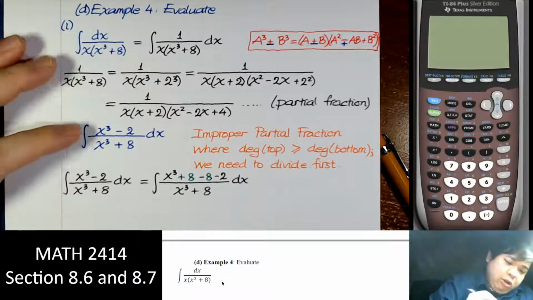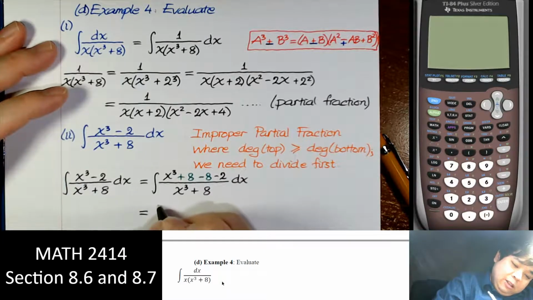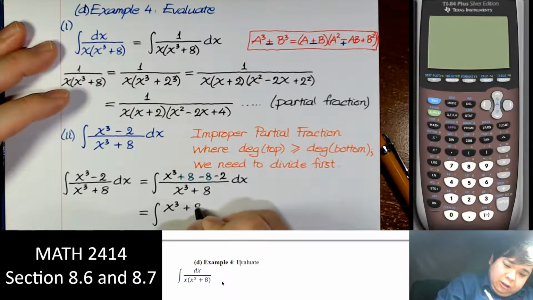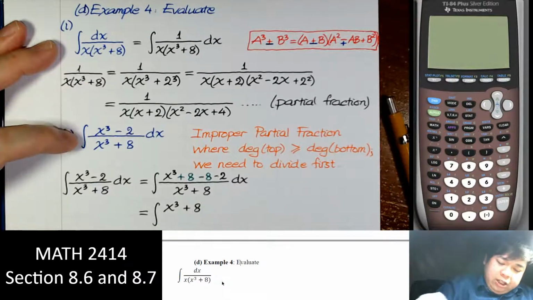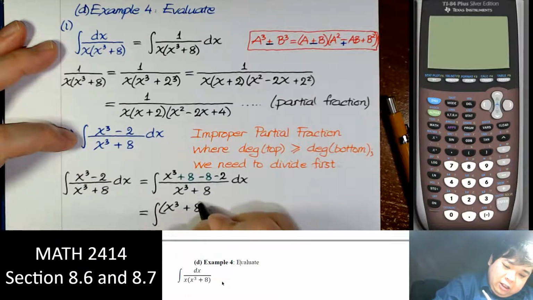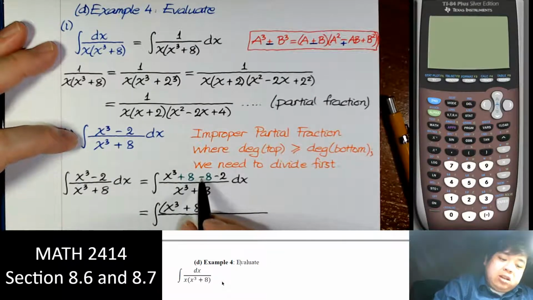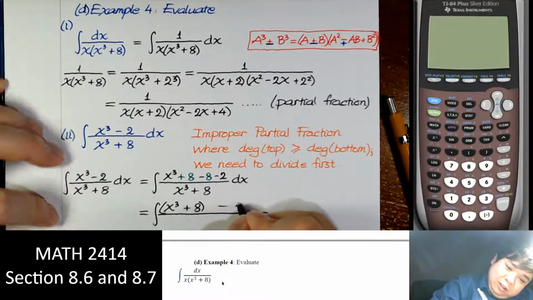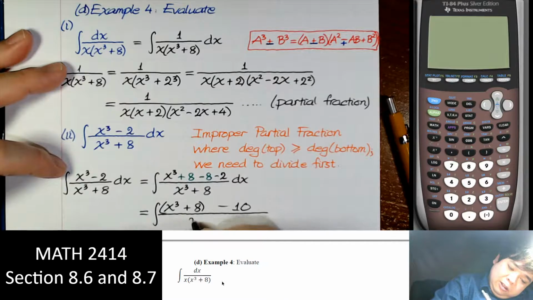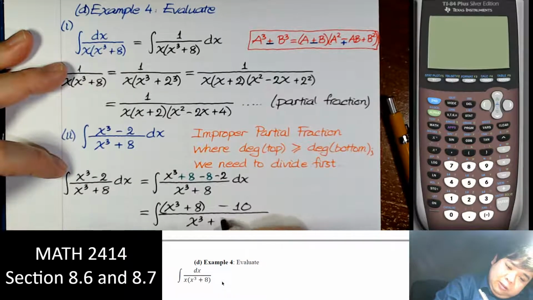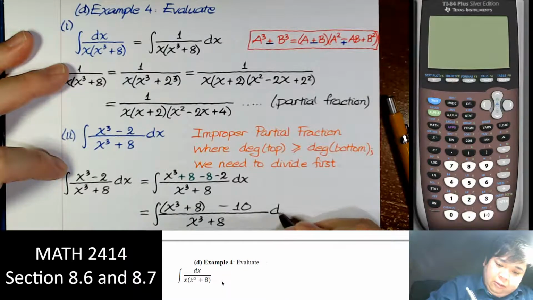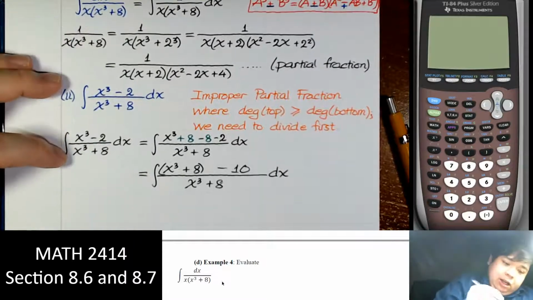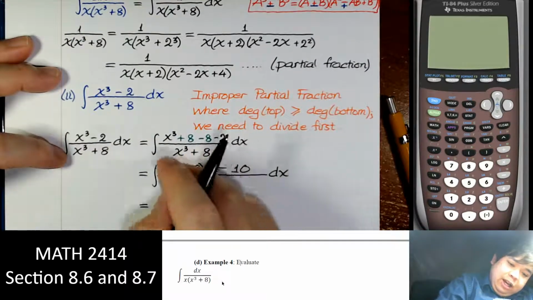How did that help? I'm going to group the x cubed plus 8 together, and minus 8 minus 2 is minus 10. And then we split this.